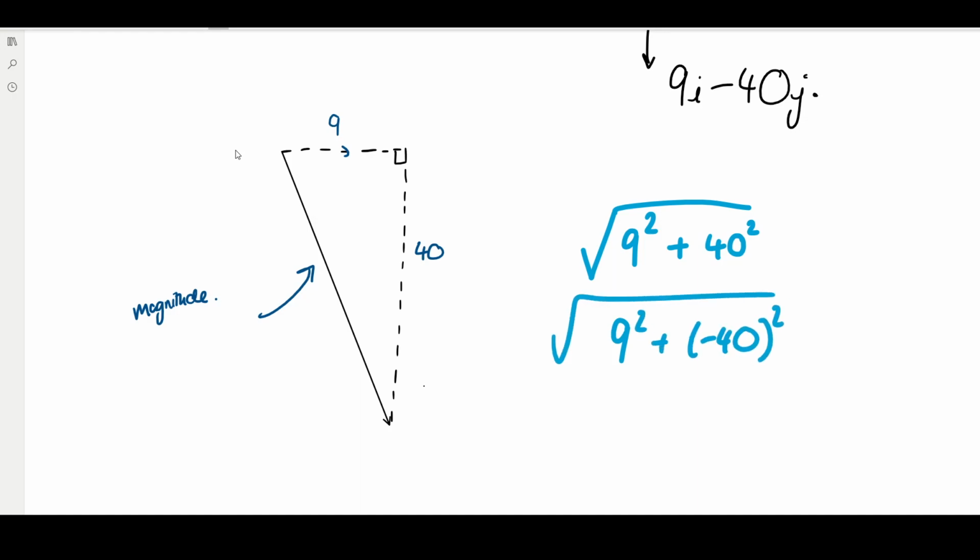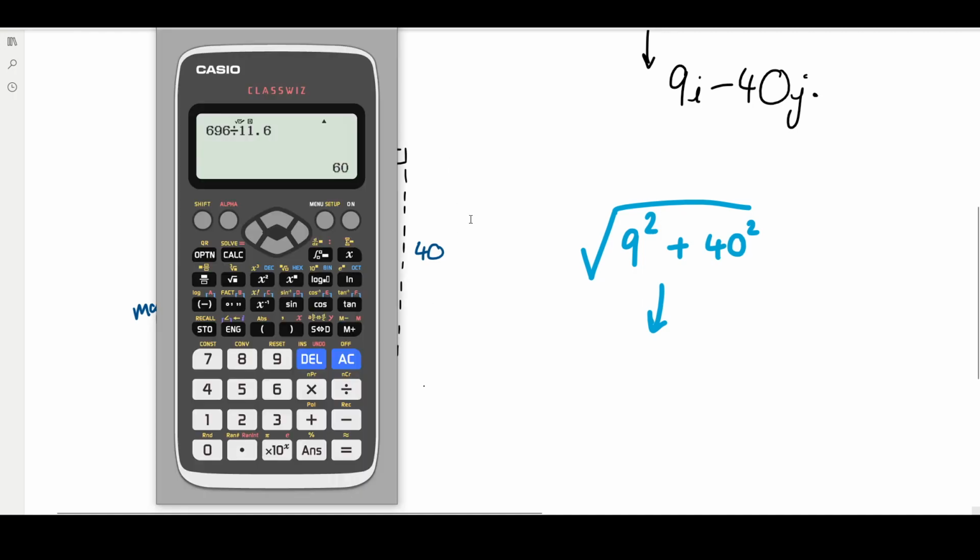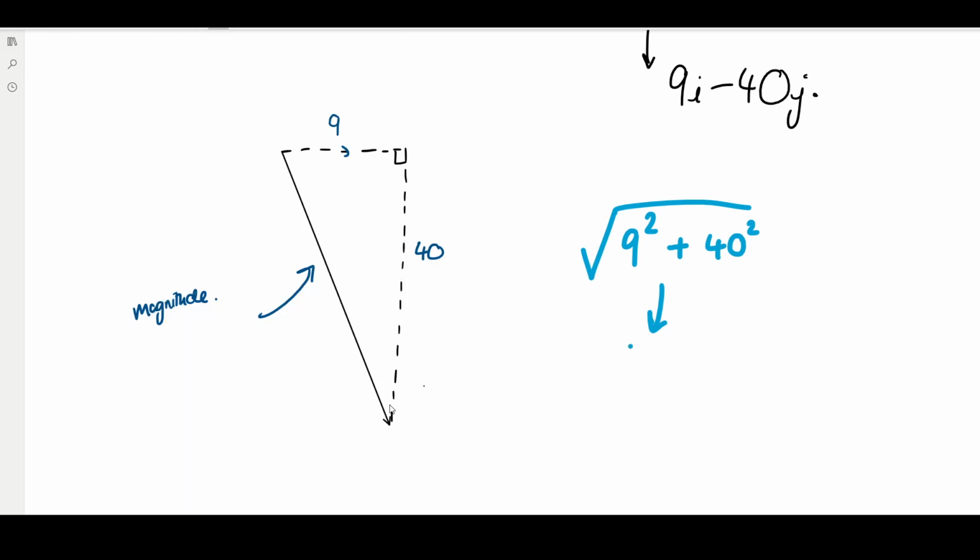It doesn't really matter. I'm going to need to put that into the calculator, I think. Let's see what this comes out as. Oh, that's quite nice, isn't it? Got a magnitude of 41. That is our magnitude.